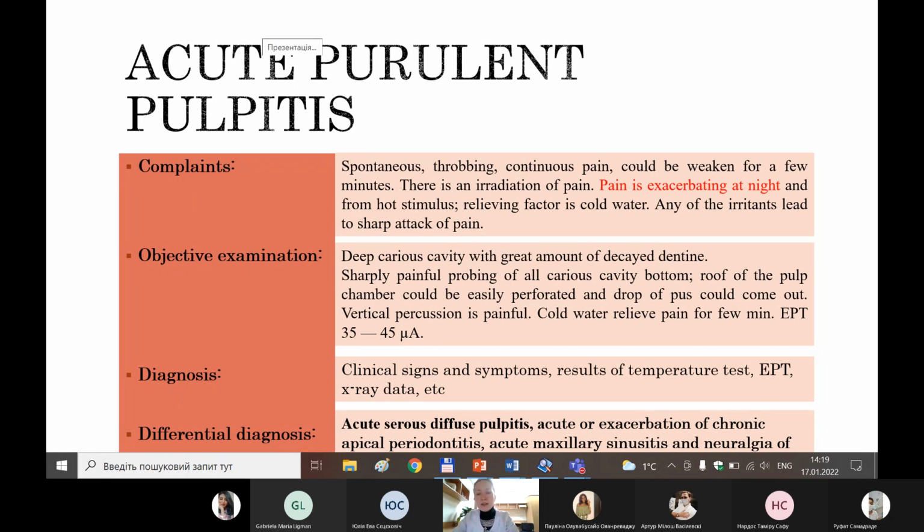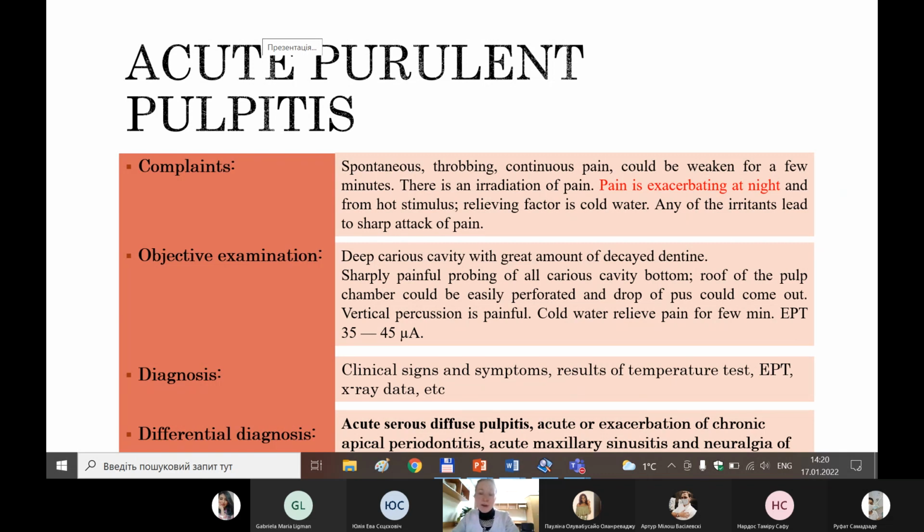Objective examination. Deep carious cavity with a great amount of decayed dentine. Sharply painful probing of the whole carious cavity bottom, the roof of the pulp chamber could be easily perforated and a drop of pus could come out. Vertical percussion is painful. Cold water relieves pain for a few minutes.